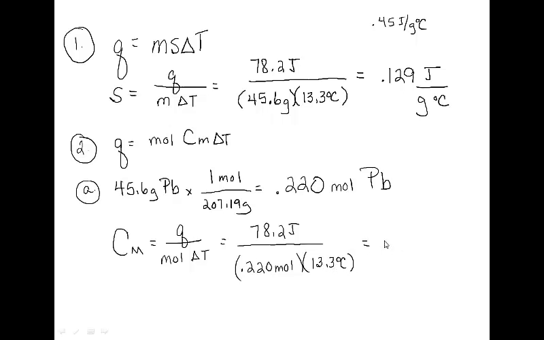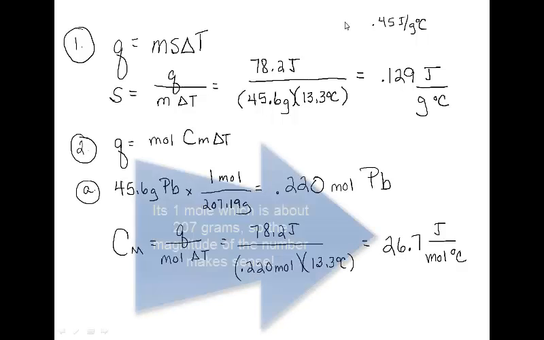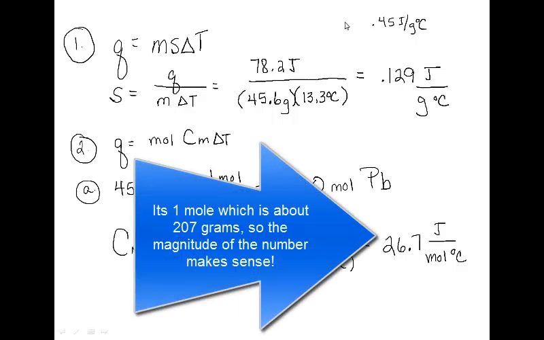And you get a much larger answer per mole for every 1 degree Celsius. So this means that it will take 26.7 joules for every 1 mole of lead to raise the temperature 1 degree Celsius. And a pretty big number, but it's per mole.